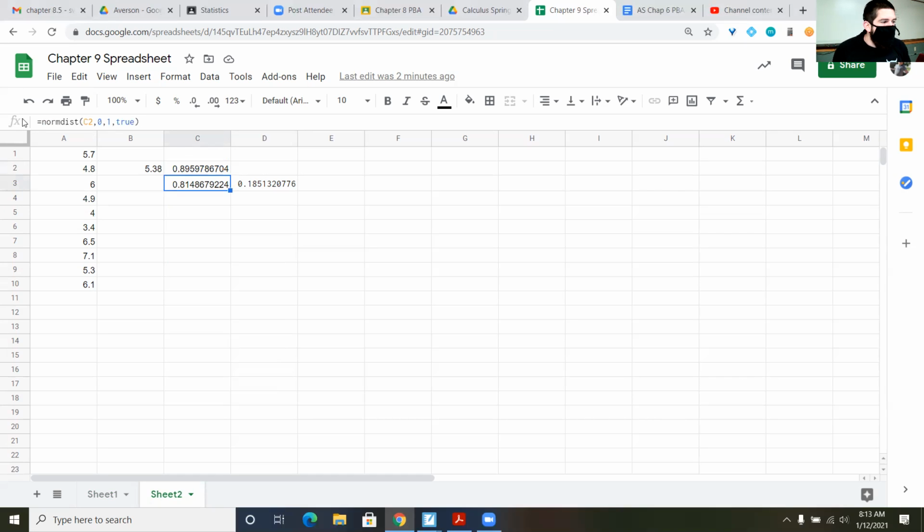So if I accidentally do the normal distribution and I didn't do the 1 minus, I'm getting a probability of 81%. That's more than 50%. I know that if I'm calculating more than this z-score, it should be less than 50%. So I corrected myself and I did 1 minus, and now I have a probability that's more accurate.